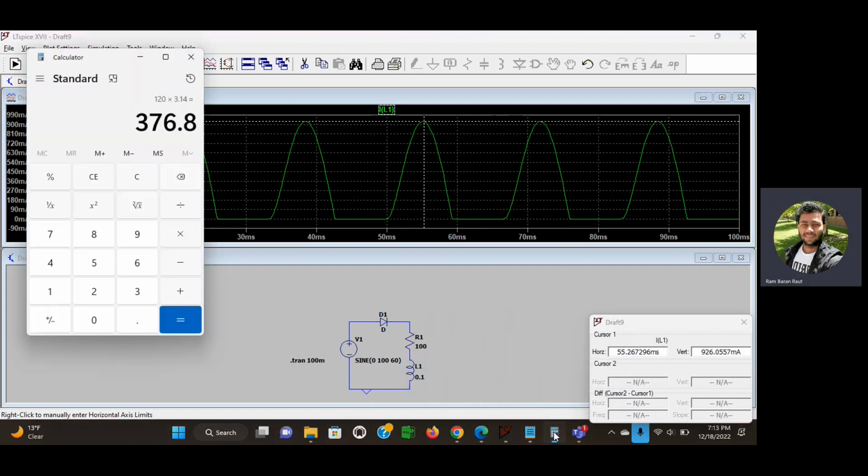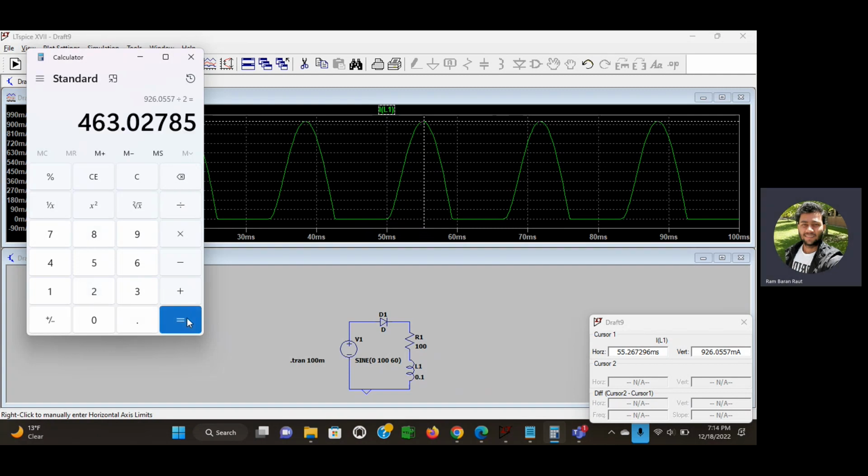Let me use the calculator over here. So 926.0505557 milliamperes divided by 2.